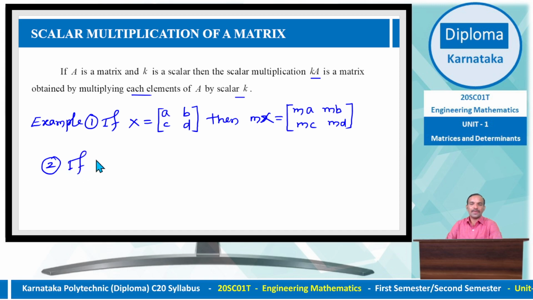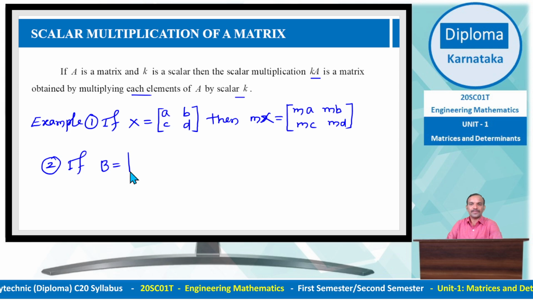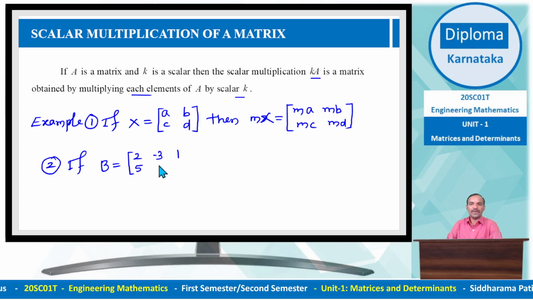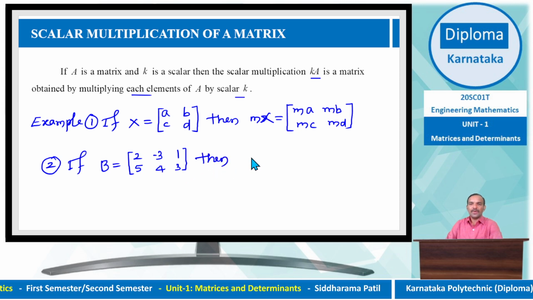Second example: if B equals the matrix 2, minus 3, 1, 5, 4, 3, then what is 2B?